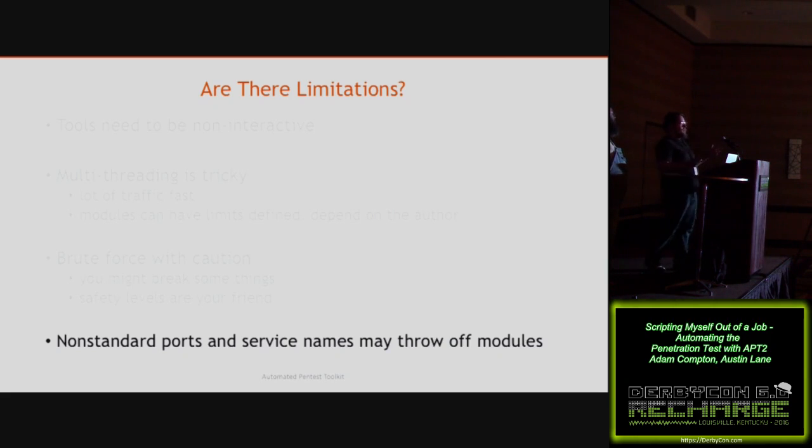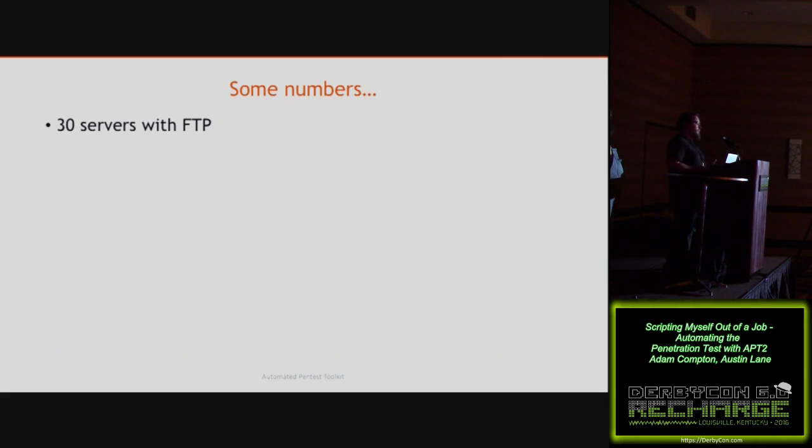Just as a sanity check to ask myself, is this actually useful? Is this helping me? I came up with a little scenario where I tested myself against APT. What if I'm sitting on a network and there's 30 FTP services on these hosts? How do I compare to what APT can do?